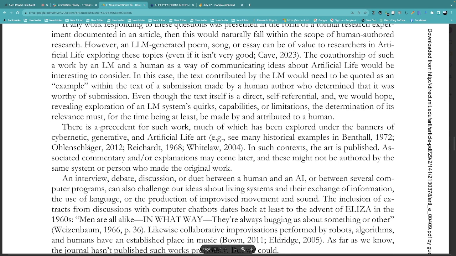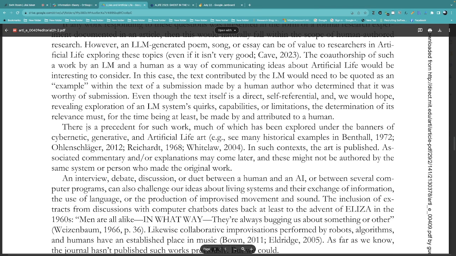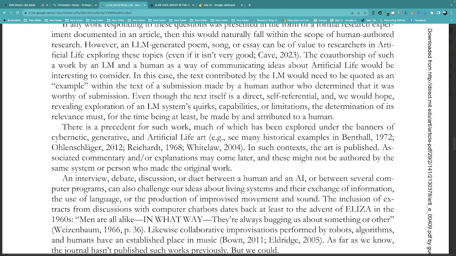So I guess the other thing they point to here is that this is something that we've dealt with before in artificial life. There is a precedent for such work, much of which has been explored under the banners of cybernetic, generative, and artificial life art. So this is stuff that's been done, even back in the 70s, but more recently in the 2000s and 2010s.